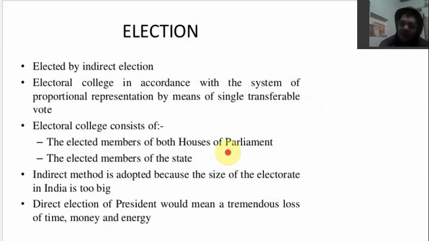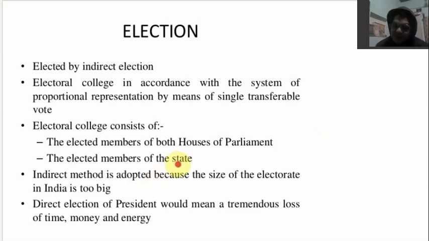So the value of the vote of the members of the houses of the parliament is more than the value of the elected members of the state. They compute it with a formula where at the end, everyone's vote has the same value.